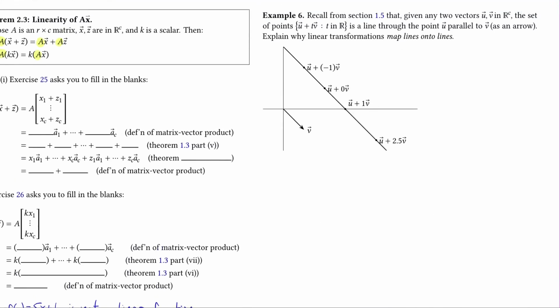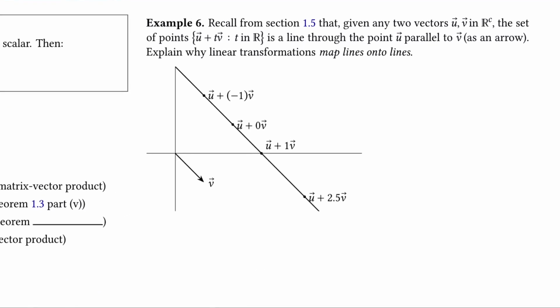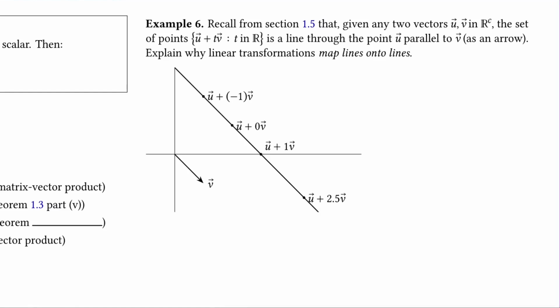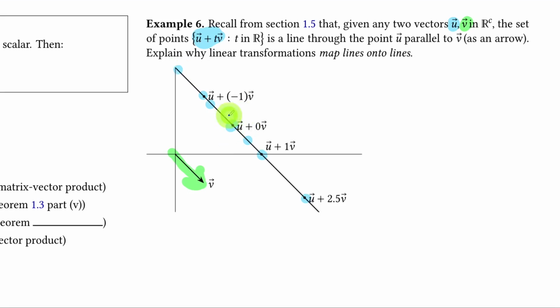So let's look at example 6. We covered back in 1.5 that if you're given any two vectors u and v, think of u as the arrow that points there or just as the point, and v we're thinking of as an arrow, the set of vectors that can be written like this is the set of all points on this line that goes through the point u, but the line is parallel to the vector v as an arrow.